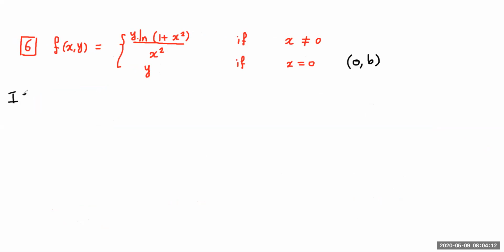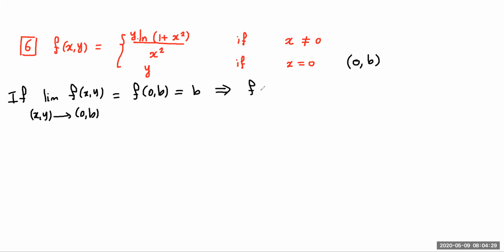If the limit of f(x, y) when x, y approaches 0, b is equal to f(0, b), which is b, then f is continuous at the point 0, b, then f is continuous on R squared.